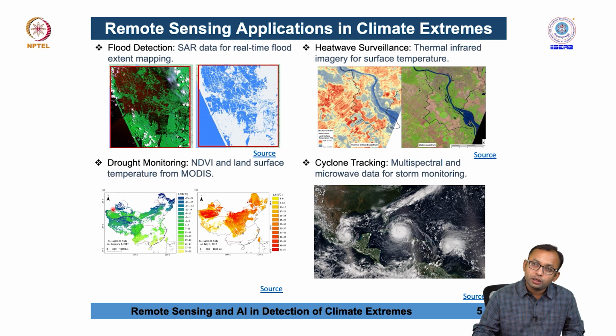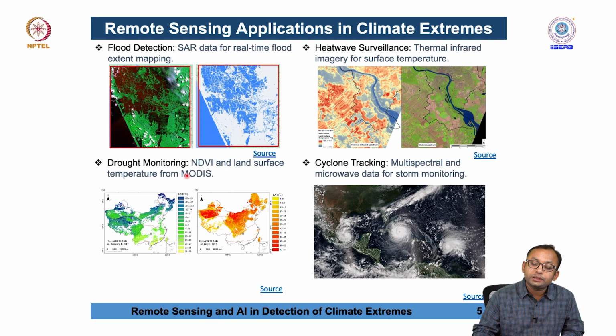We can also do drought monitoring using NDVI or land surface temperature with MODIS. These indices, like land surface temperature, are derived from thermal bands, and NDVI is derived from different band combinations.